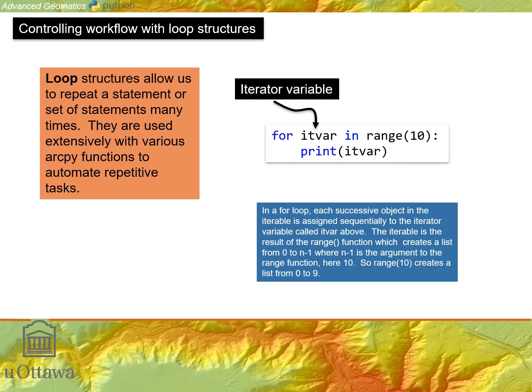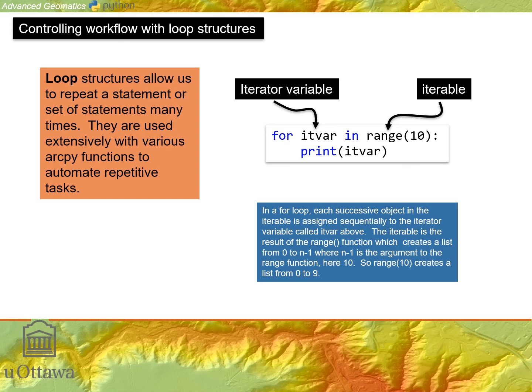So we have an iterator variable after the for, and then we have an iterable called range 10. Range is a built-in function of Python that just creates a list of 10 numbers starting at 0. So it goes 0 to 9.